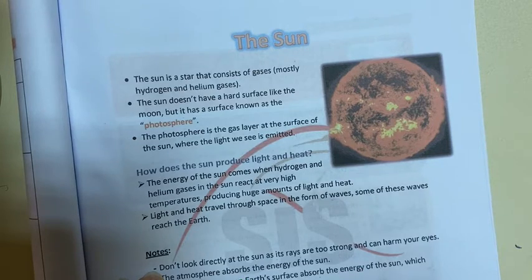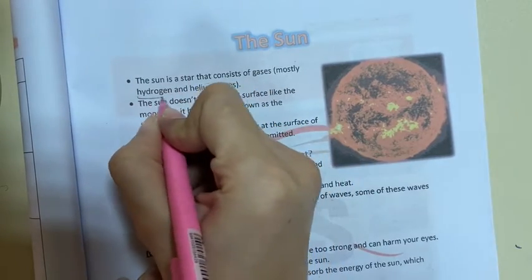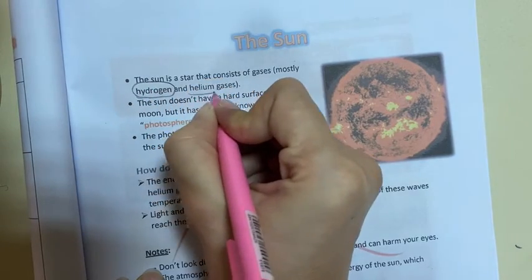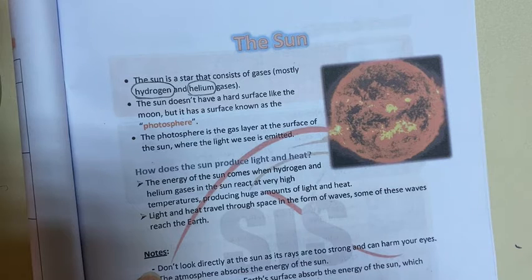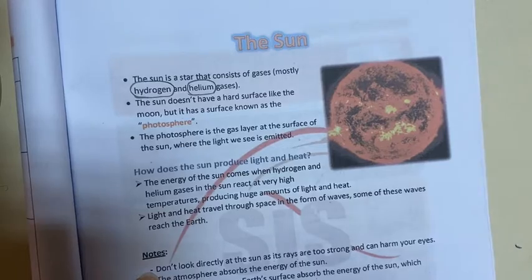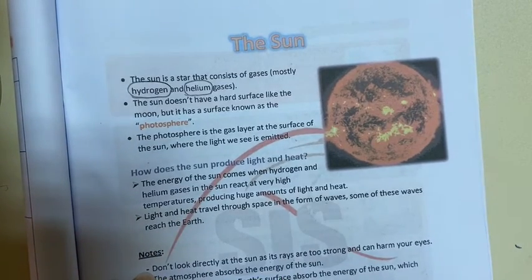These gases we call hydrogen and helium. Again, repeat after me: hydrogen, helium gases. So the sun is made up mostly of these 2 gases, hydrogen and helium.